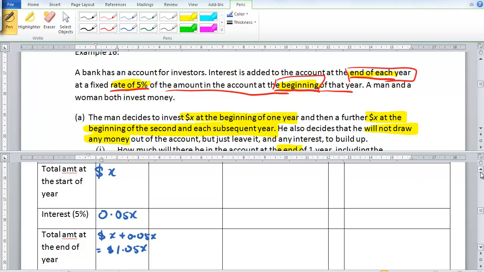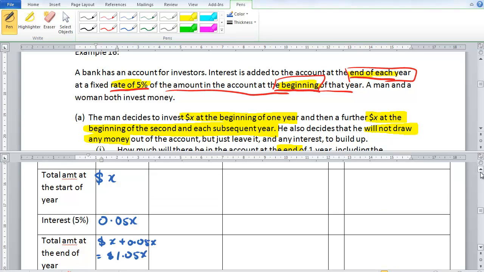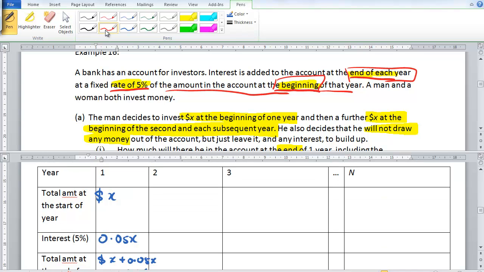Now let's analyze the second year. At the beginning of the second year, he puts in a further X dollar.